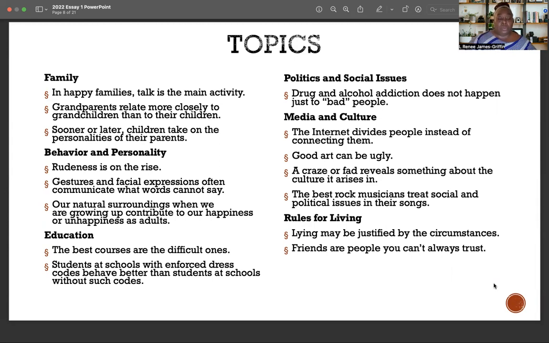And so I'm looking through those 3 and I think, you know what? I kind of like the third one. Sooner or later, children take on the personalities of their parents. So I am going to start brainstorming about that subtopic. I picked the category, which was family. I read the subtopics under that category and I chose one.